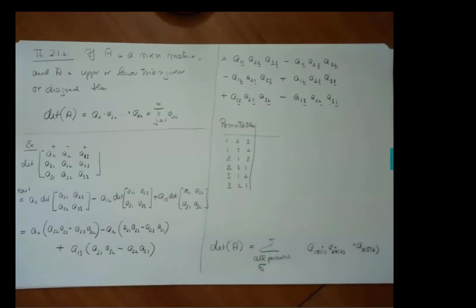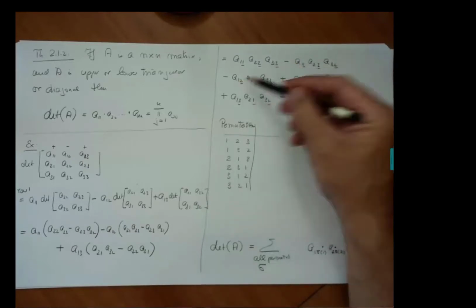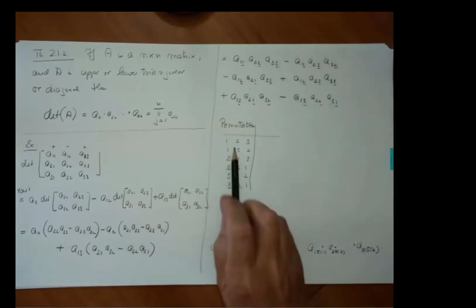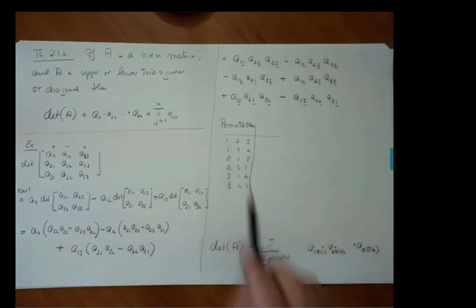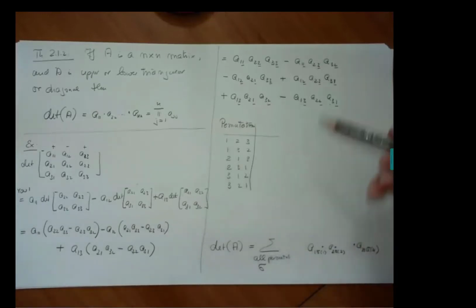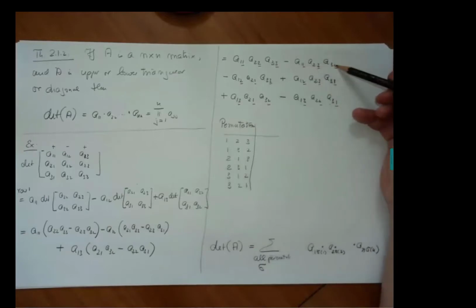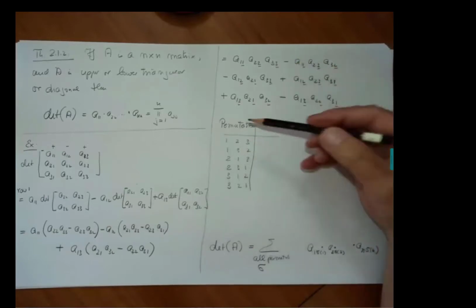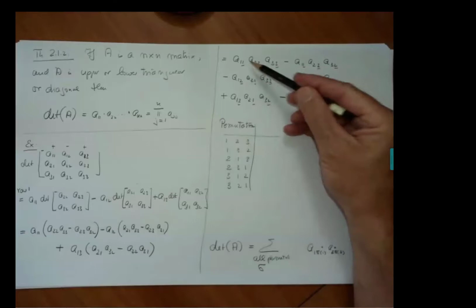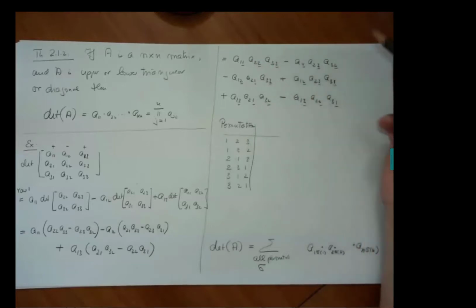Okay. So the only thing which we don't have right in this formula is the pluses and the minuses. So why are some of these permutations with a plus? Why are some of them minus? Okay, so for example, 1, 3, 2 has a minus, where 1, 2, 3 has a plus.